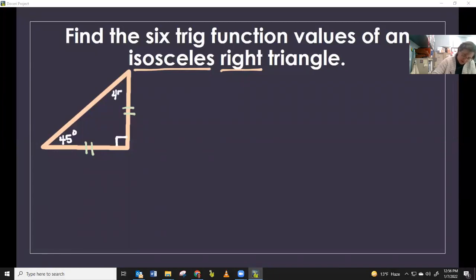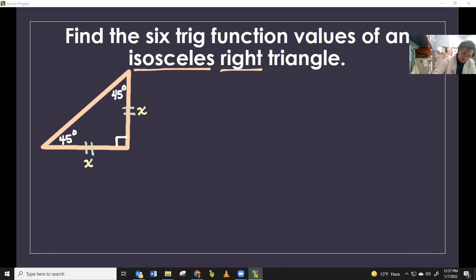So when we're talking about these trig values, it does not matter which angle I'm standing at, because they're both the same. They didn't tell us in the problem how big any of the sides of this triangle are, and so I'm just going to call these 2 congruent sides x, and I can use that then to figure out how big the hypotenuse is for any side length value.